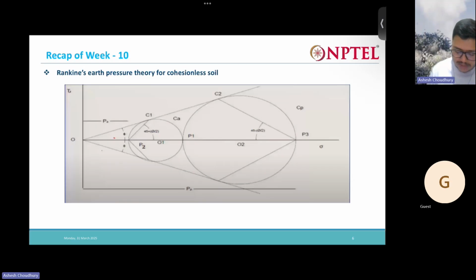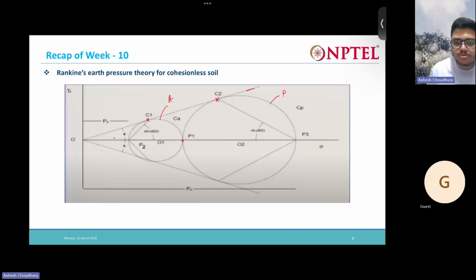As we discussed a while back, this P1 is the vertical pressure. This circle is the active circle, and this is my passive circle. Both of them have reached failure, as both circles are touching the Mohr-Coulomb failure envelope.